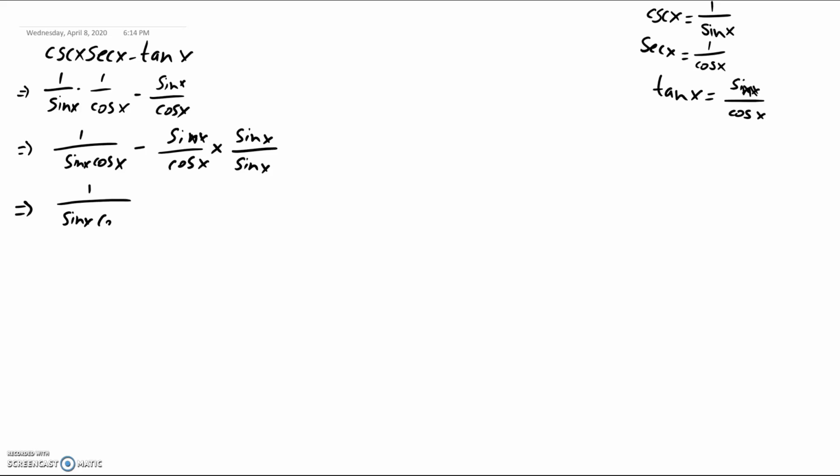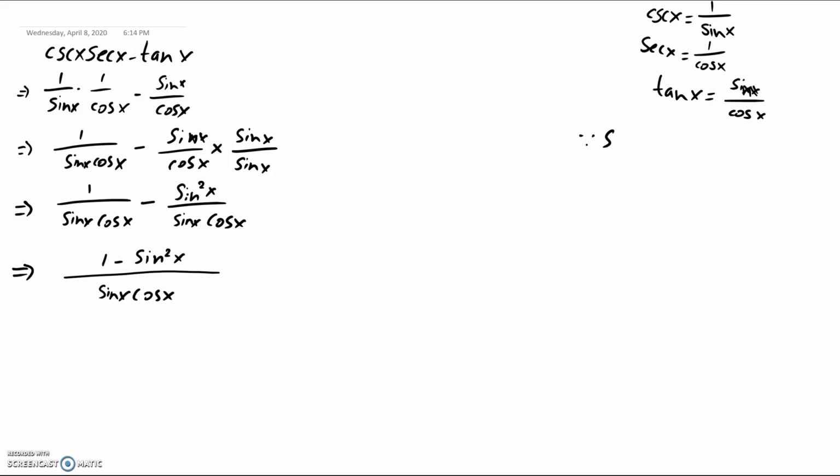Now the next step is going to be 1 over sine x cos x minus this will become sine squared x over sine x cos x. Okay, once the denominators are same, you can combine them and simplify the numerator. It's going to be 1 minus sine squared x. Now here is a Pythagorean identity.